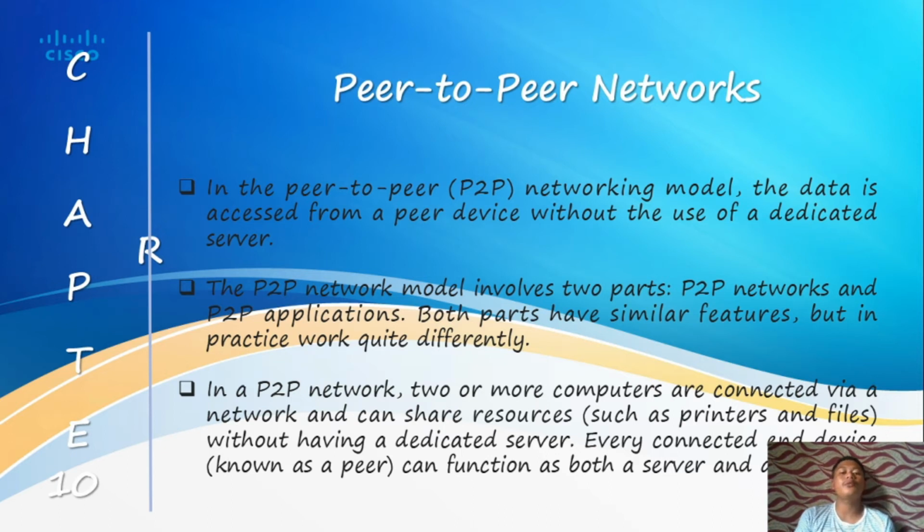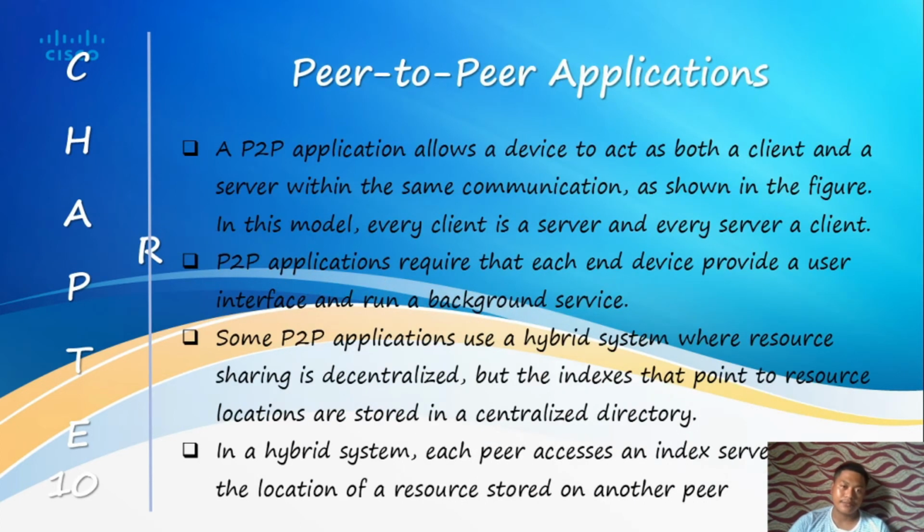In a peer-to-peer network, two or more computers are connected via a network and can share resources, such as printers and files, without having a dedicated server. Every connected end device, known as a peer, can function as both a server and a client.